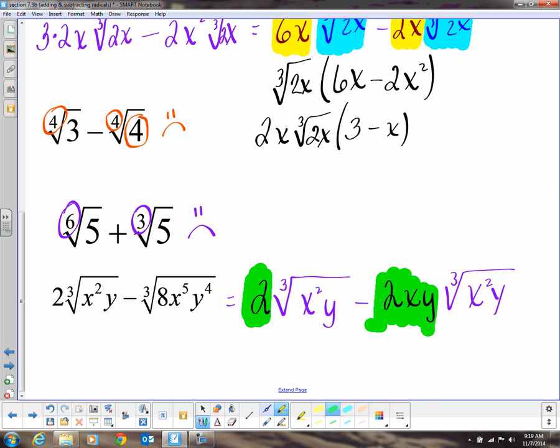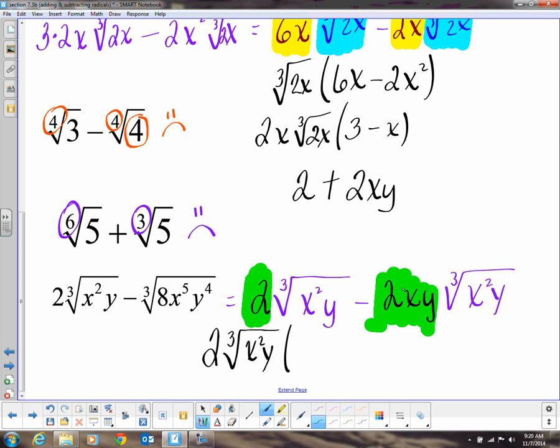Can we factor though? No. Wait, I understand you can't add them because they're different. Okay, what if we had this? Can you add those? Okay, but what if they were the same? So if this had just been a 2, that would have been 0. If that had been an 8, that would be 2 minus 8, which is negative 6.